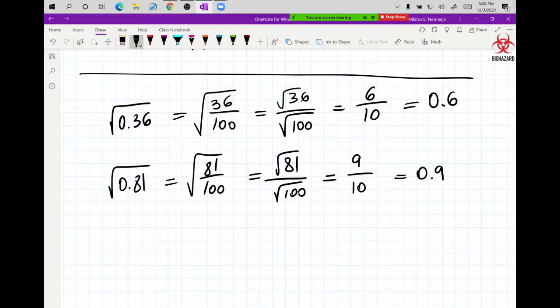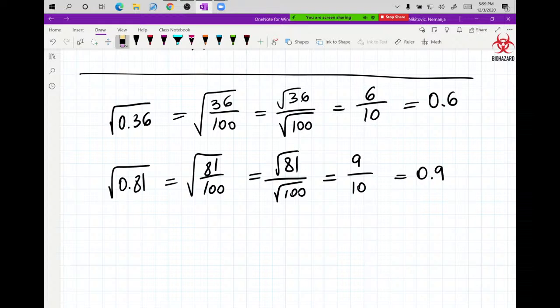And now you're looking at the pattern and you go, 2 decimal places to begin over here, 1 decimal place in the answer. So this square root also cuts the number of decimal places in half. Those are the things that when you do many problems, which is why we assign a lot of homework, you are able to pick up on a pattern.